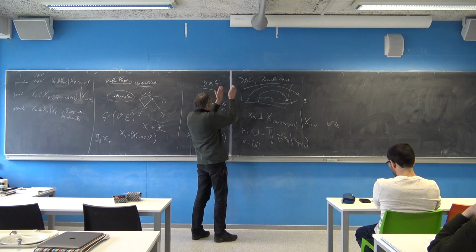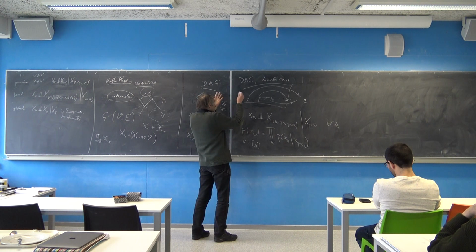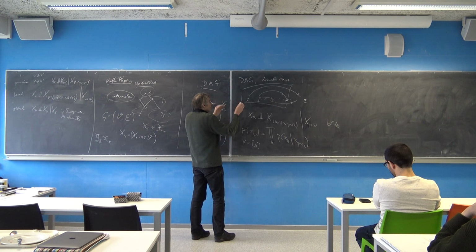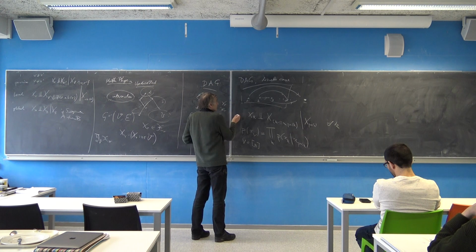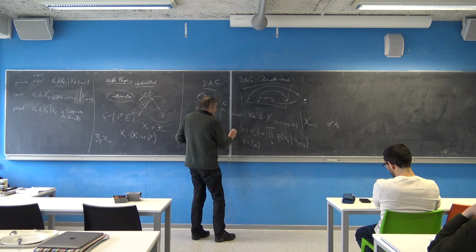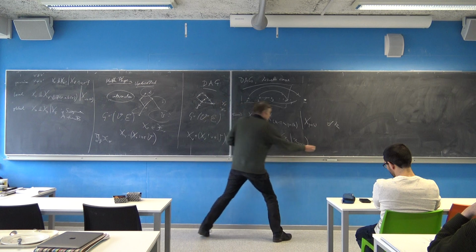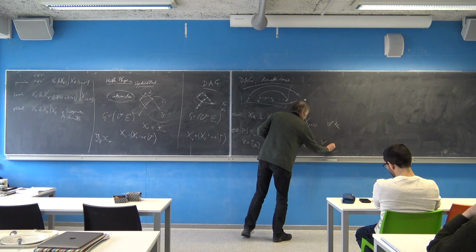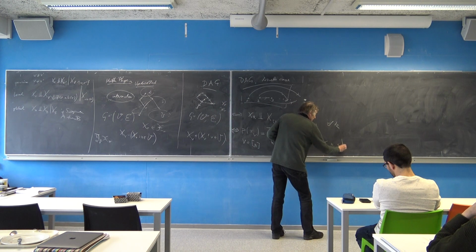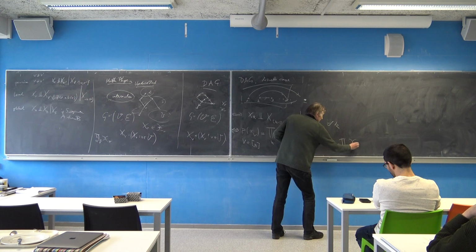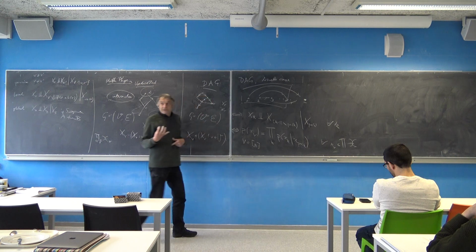And the graphical model holds in this context if and only if this for all k, and that holds if and only if this for x in the product of the outcome spaces.